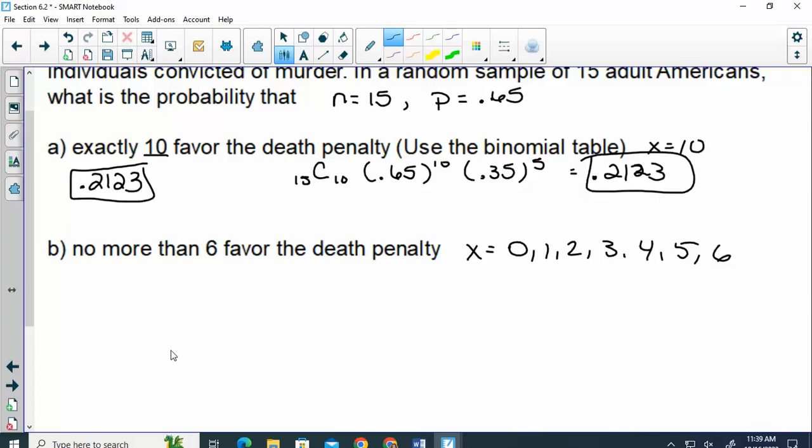So it's small enough, it's really not going to make a difference. So the first couple are that. Then we add in the 2, 3, 4, 5, and 6.